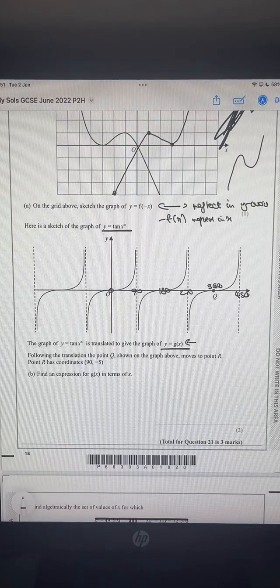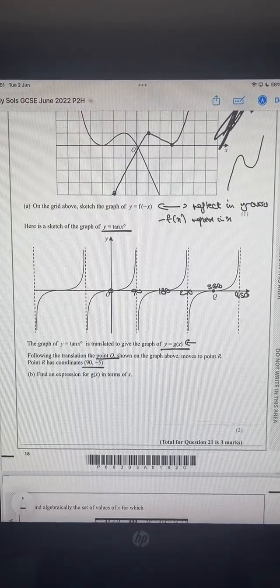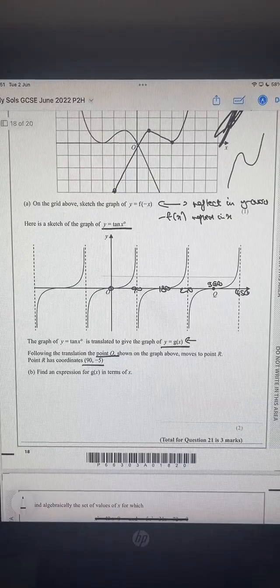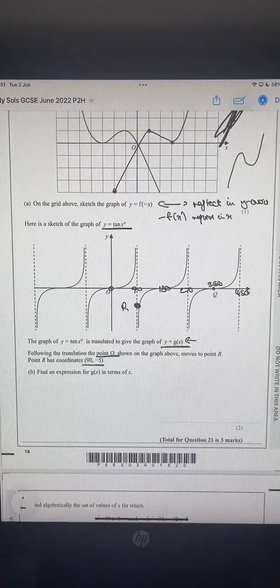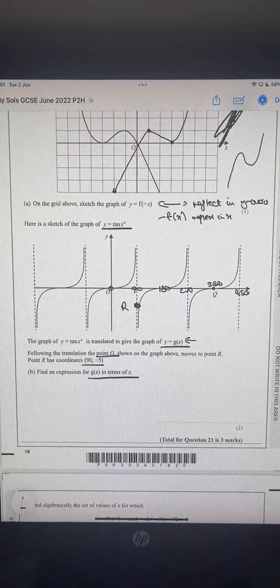This is Edexcel Firuz. Following the translation, point Q, shown on the graph above, moves to point R, which has these coordinates. So R is 90, minus 5. So let's just say R is there. Find an expression for g of x in terms of x. So we can see we're going from 360 to 90.